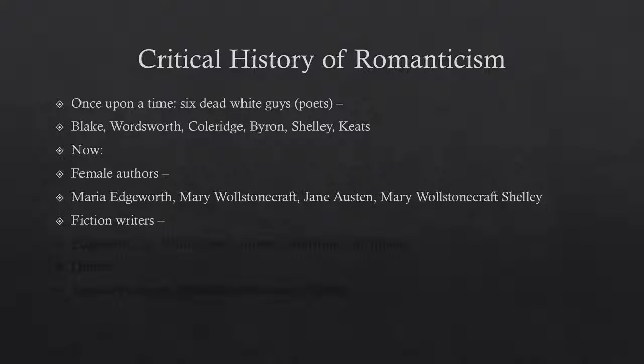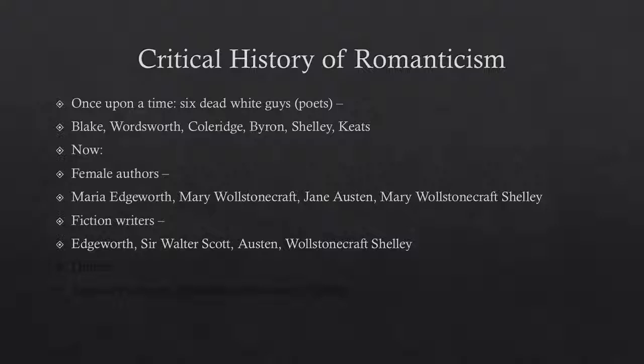But at the same time, there's great Victorian poets, and there's also great romantic novelists and fiction writers. So Edgeworth, I just mentioned how she helped contribute to the birth of the novel, and Sir Walter Scott and Jane Austen are probably the 2 most influential fiction writers before the Victorian period. They're really formative to the rise of the novel.